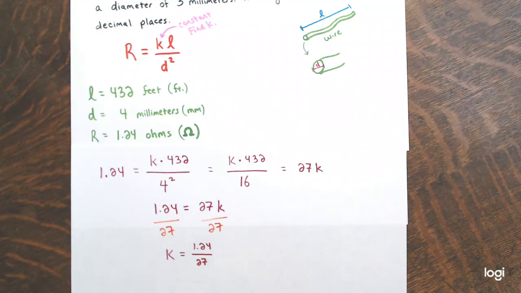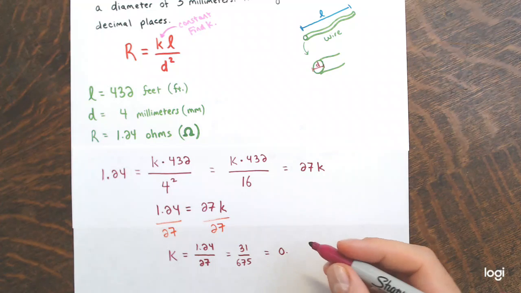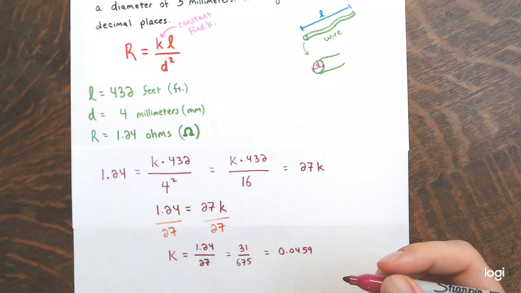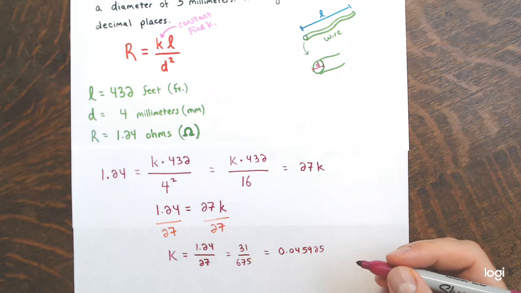It's 0.0459259259259. If I convert that to a nice simplified fraction, this is 31 over 675, 31 675ths. As I said, in the decimal form it's 0.045925, then 259.